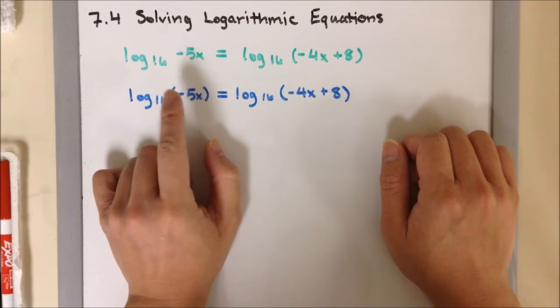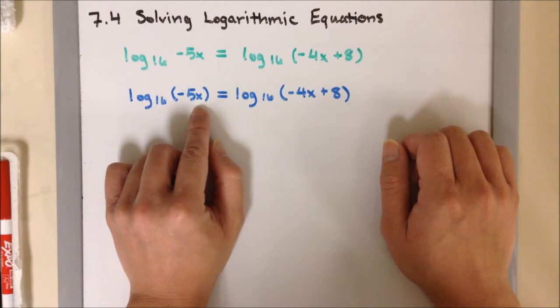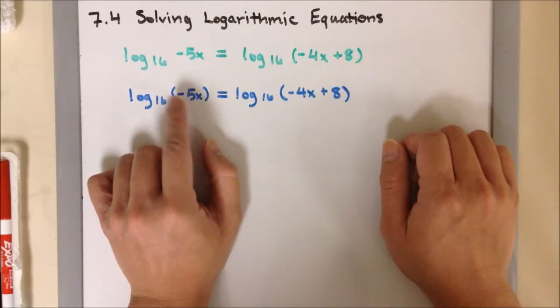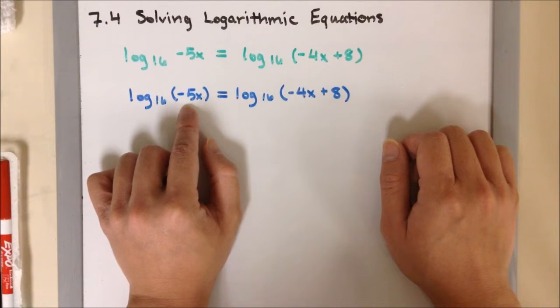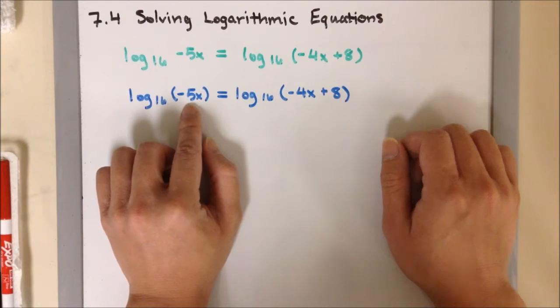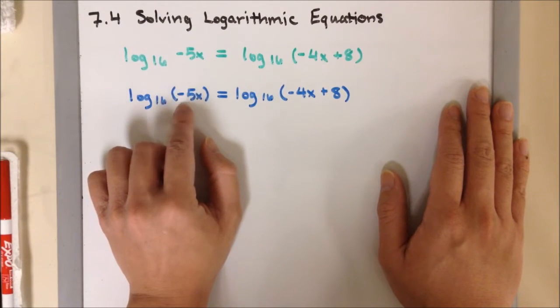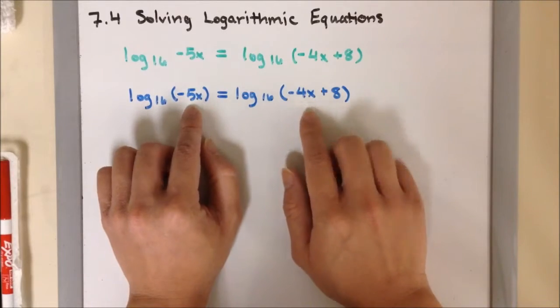But this part is okay. The reason why is because it's negative 5x. It has a variable. If this was just a regular number and it was negative, meaning no variable, it's just a regular negative number, then automatically it would be undefined. But since it's negative 5x and over here negative 4x, it's okay.